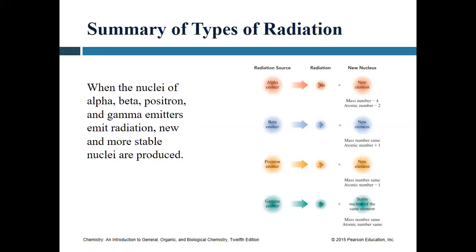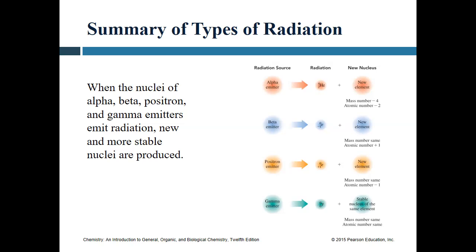So in summary here, of these 4 types of radiation, 3 of them are going to give us a completely new element. Alpha gives us a new element, beta gives us a new element, positron emission gives us a new element.